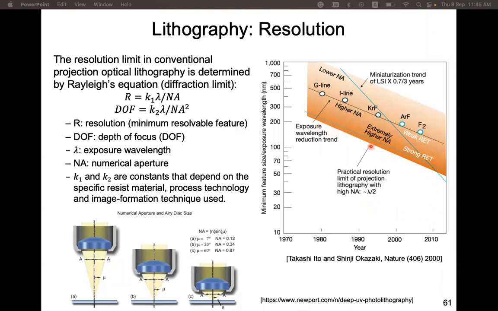This is half the wavelength, and the light source is not easy to obtain. So we use lasers, different kinds of laser technologies, to generate the light source.